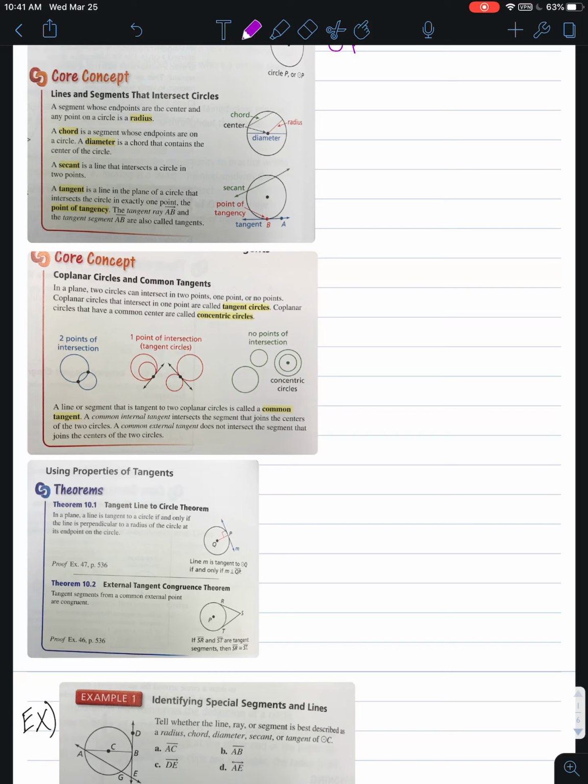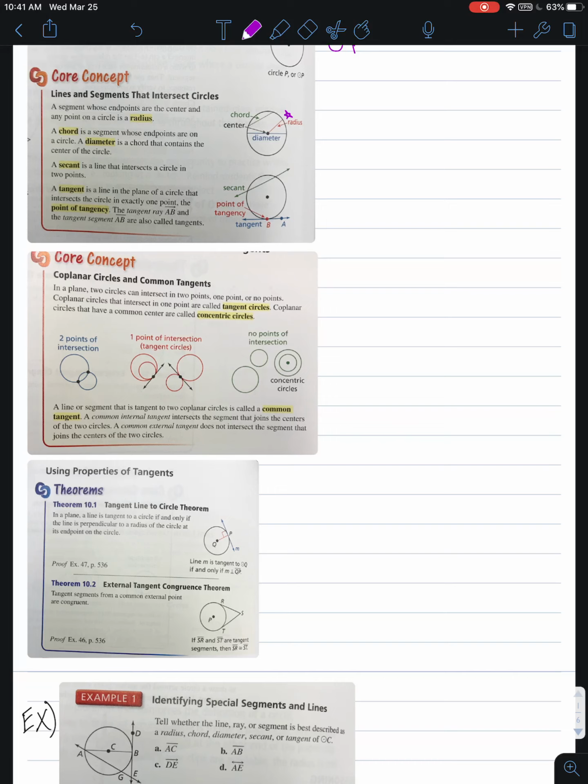You'll notice right here in red that it's showing you one radius, but any segment that starts at the center and goes to the circle is going to be a radius, or radii will be the plural form. You've probably known that.